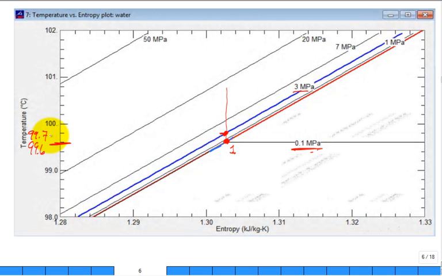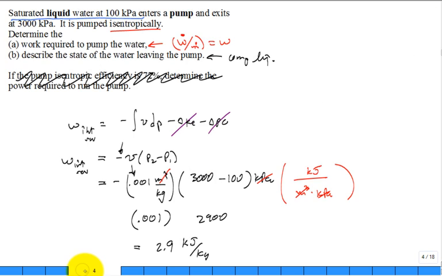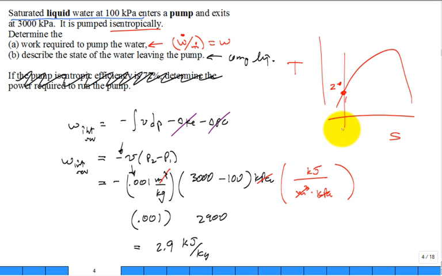Okay? So this point right here always trips students up. And what will happen is we'll say, well, let's sketch this on a temperature entropy diagram. Here's the dome, here's state 1, here's state 2. And we'll exaggerate how far 2 is above state 1. It's isentropic. Whoops, I got to get it on top, the straight line, right? Okay, I messed that up.